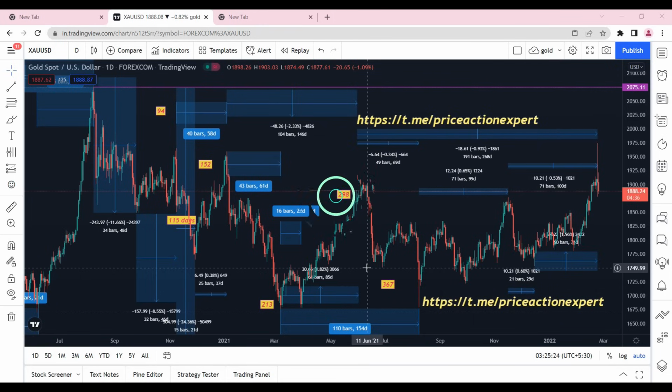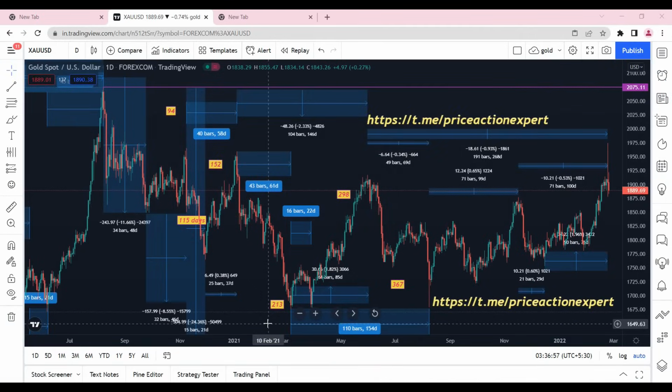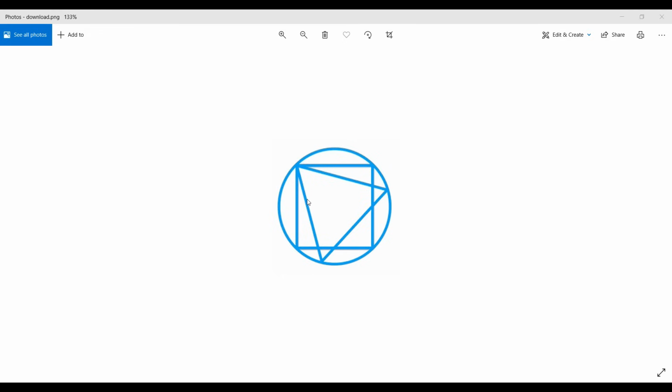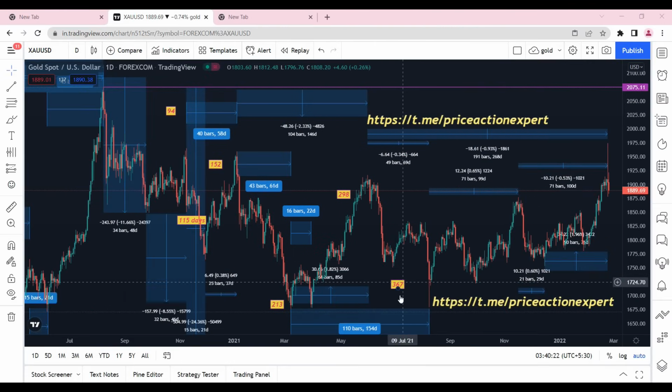Only 2 days off. Let me remind you again, these are all just geometry: squares, circles and triangles. You can see the circle, with the square and triangle inside it. First you can mark in the charts as I have marked. You can see the distance between this low and high and so on.